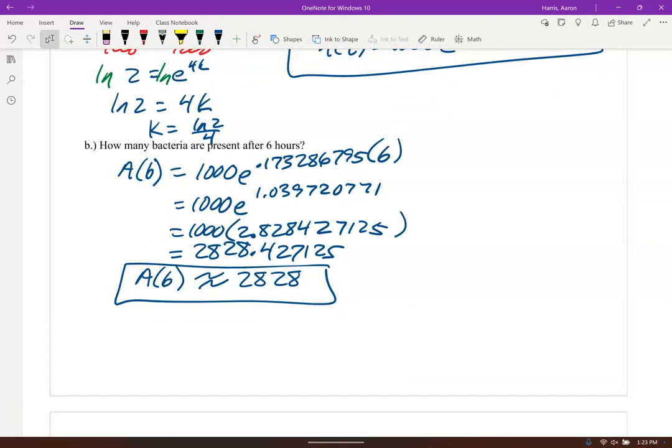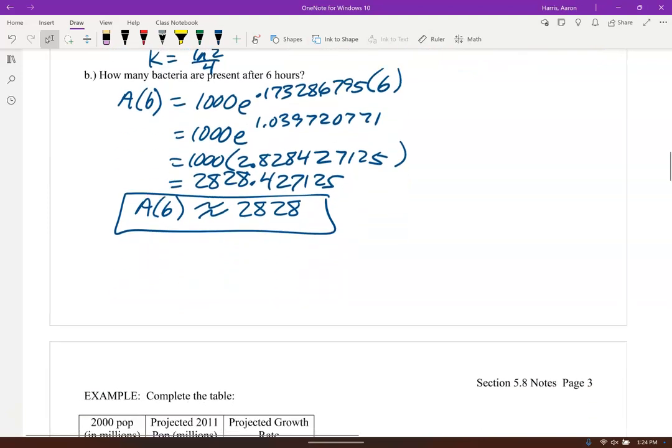Okay, so we did, and that's again with no rounding error there, right? I didn't cut anything off for my K. You know, if I cut that off a little earlier, I'm going to have some rounding error on that.